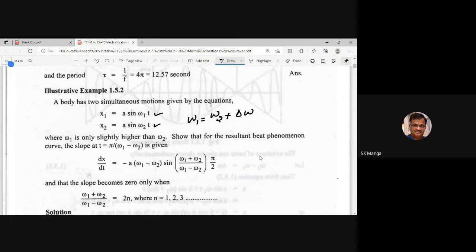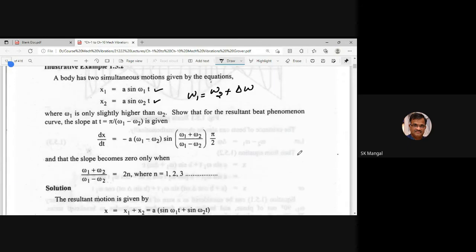You need to show that for the resultant beat phenomenon curve, the slope at this time is given by this, and this will become 0 when this condition is satisfied.